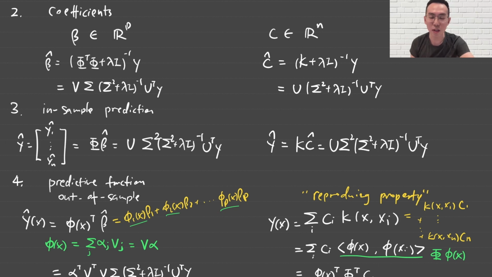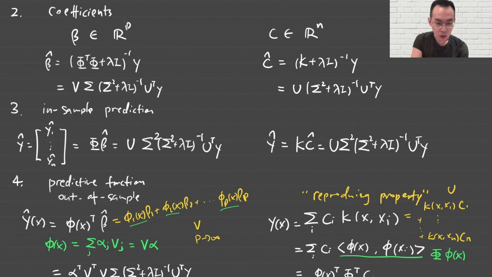That's really the key difference between the two. And the links connecting these two are the singular vectors, right? For this function phi, you can write it out in terms of the singular vectors of V. And for the k function, we are writing it out in the singular space of U, right? So they are living in different spaces, but there's a link connecting the two.